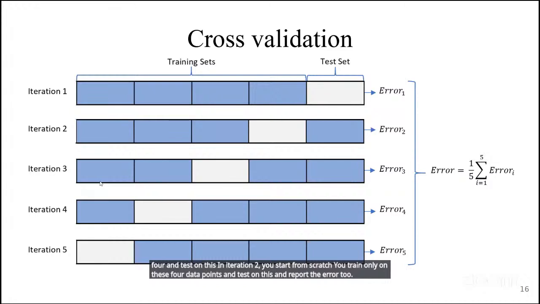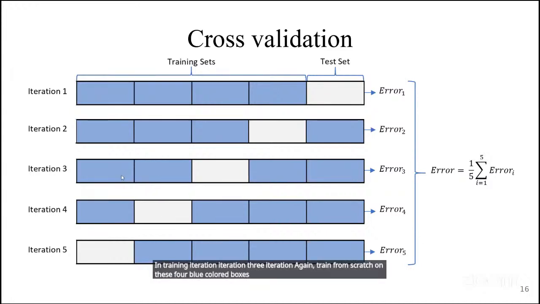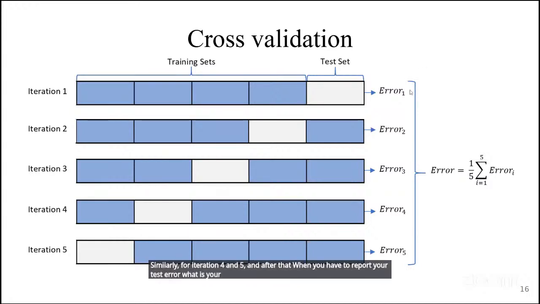In iteration 3, you again train from scratch on these 4 blue colored boxes, the training set, and report your error on this gray color box. Similarly for iterations 4 and 5. After that, when you have to report your test error, the error of your model, you take the average of all 5 and report that as your error.